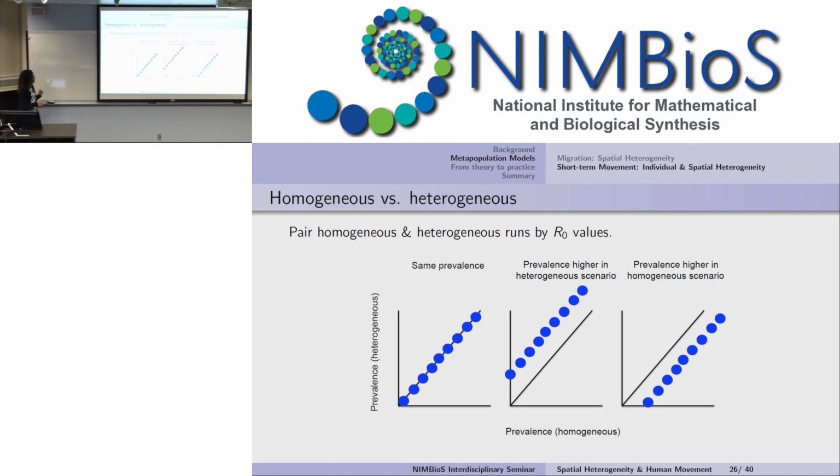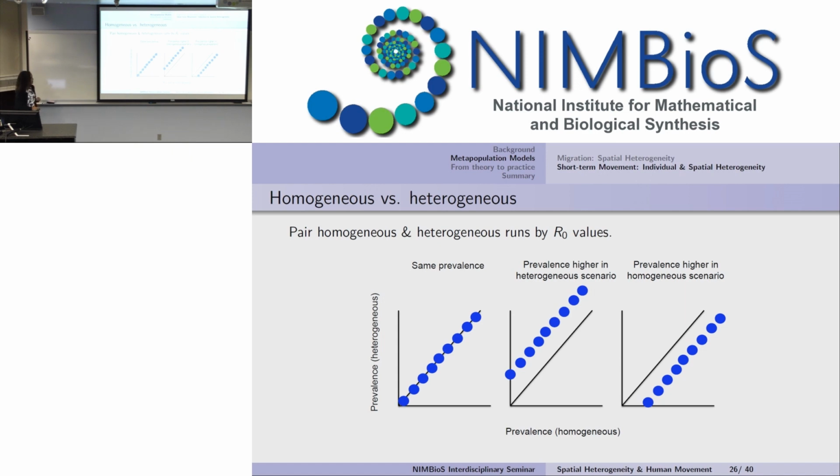So if all of the points lie on the y equals x line, that means there's no difference in prevalence between the homogeneous case and the heterogeneous case. If the points lie above this y equals x line, then that means that prevalence is higher in the heterogeneous scenario than in the homogeneous scenario, and then we have the opposite conclusion if they lie below: prevalence is lower in the heterogeneous scenario.